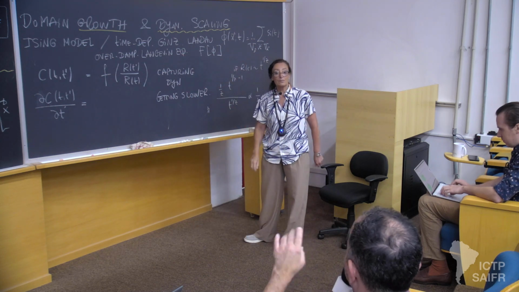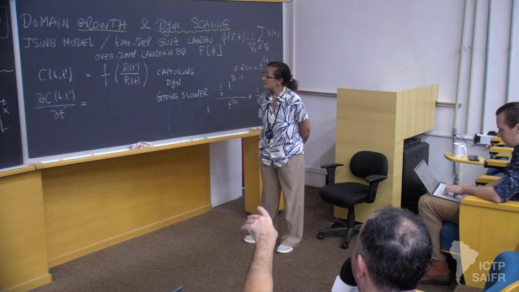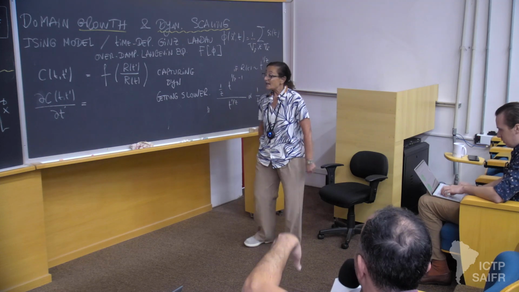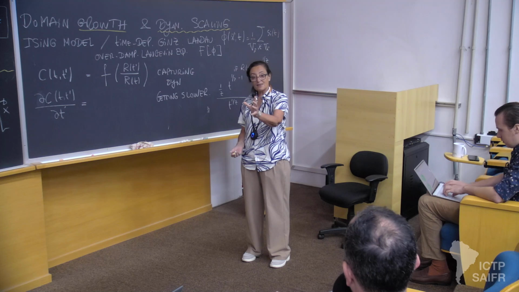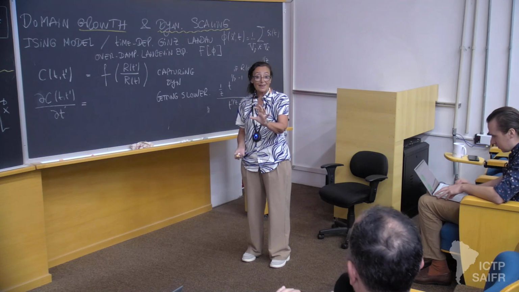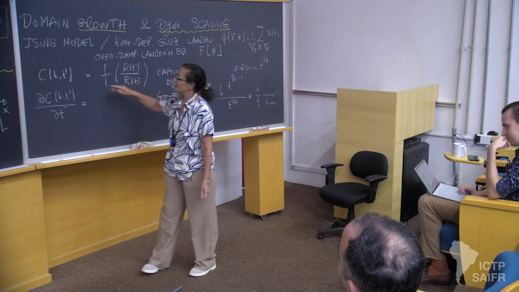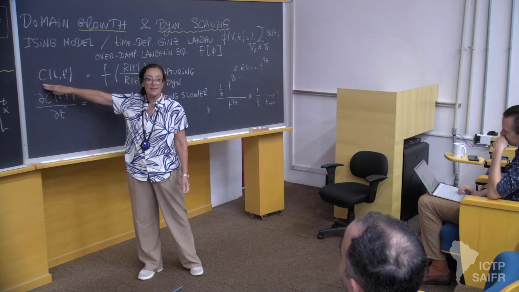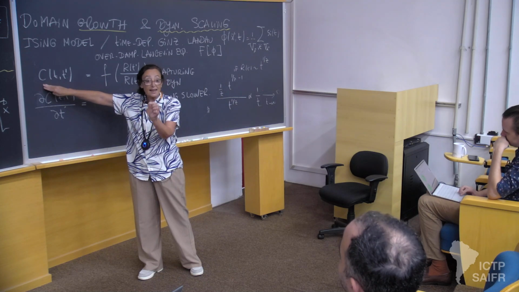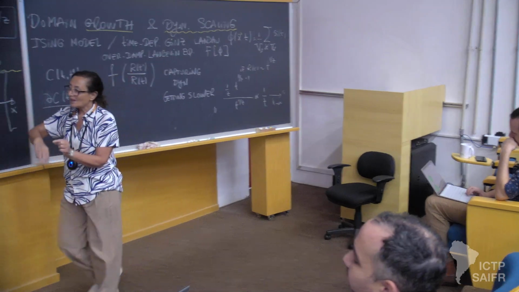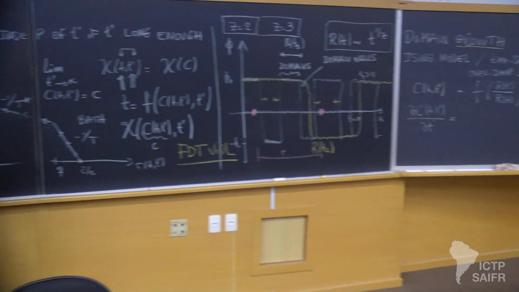I think I missed just something. You still had that function of R of t prime over R of t. But you look at it at R of t prime over R of t fixed. Okay. So if you fix R of t prime over R of t, you're selecting the level at which you look at it, and at that value, you look at the derivative.